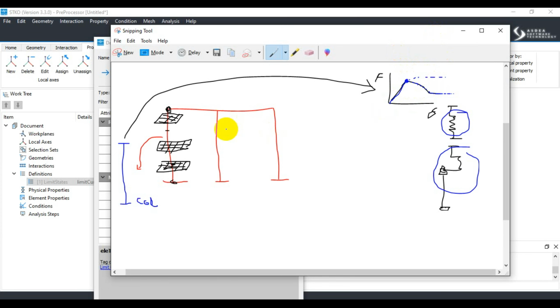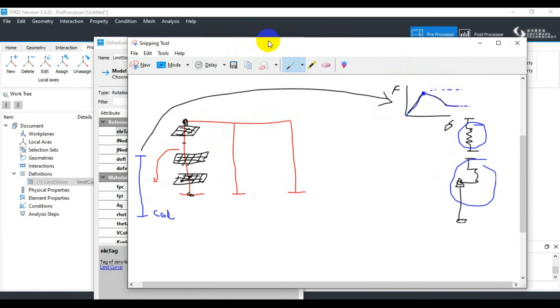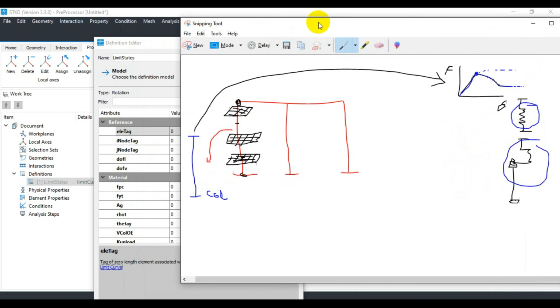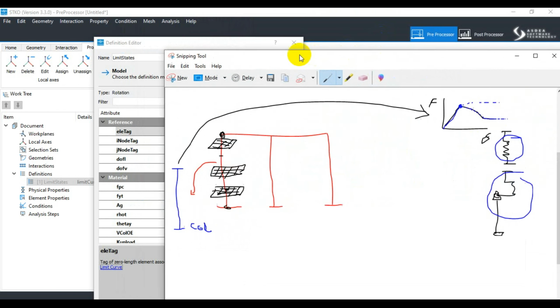There are various kinds of limit state surfaces available, which you can find in the literature.